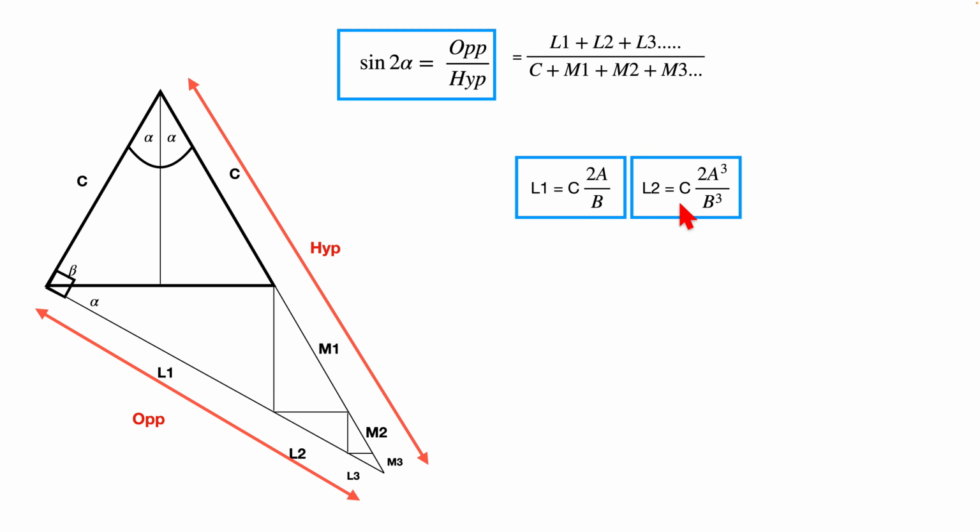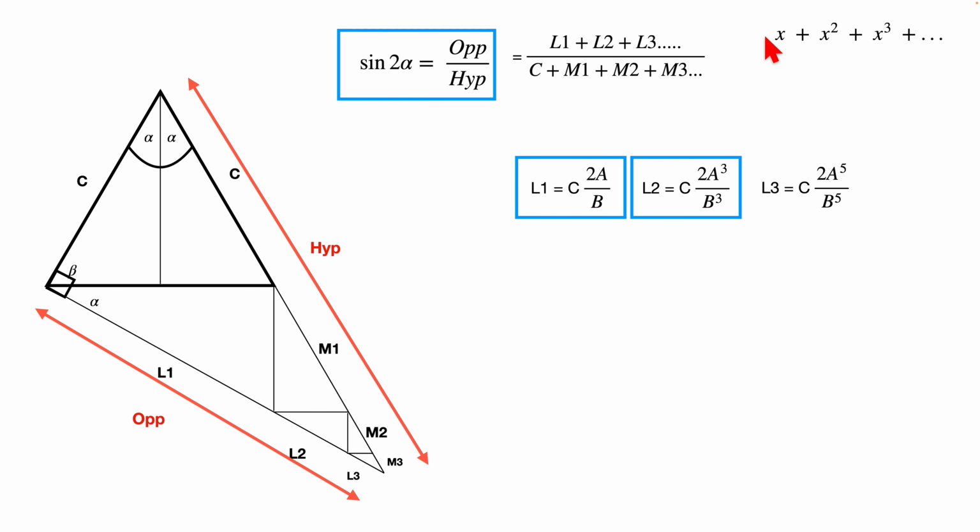We know L2 equals C times 2a cubed over b cubed. If we did this again, we would find that L3 is C times 2a to the 5 over b to the 5, because each of these is being multiplied by a squared over b squared. That is what's happening each time we go down this triangle.